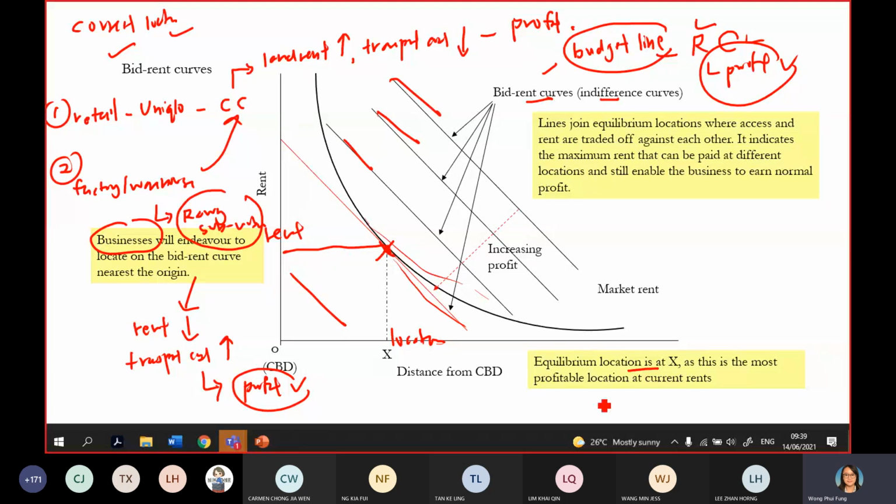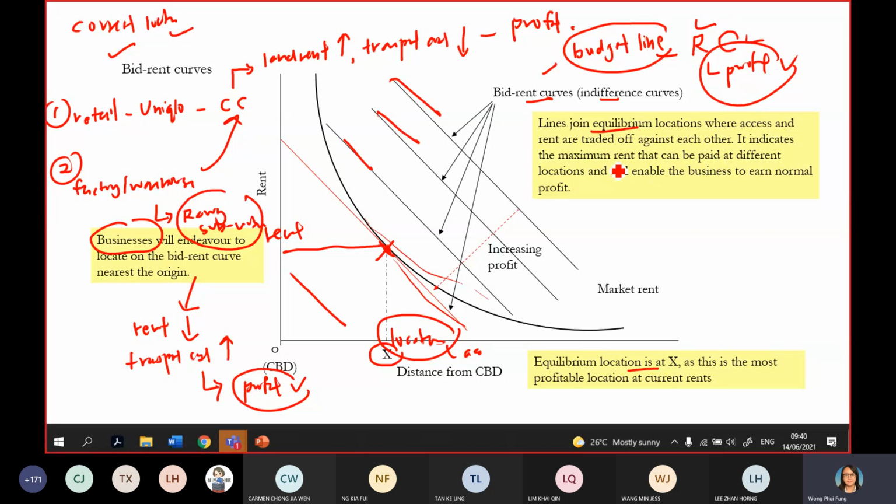That is what we call the equilibrium distance x, where the location access is traded off with the rental. So you can see here, the line joins the equilibrium locations where the access and the rental are traded off against each other.